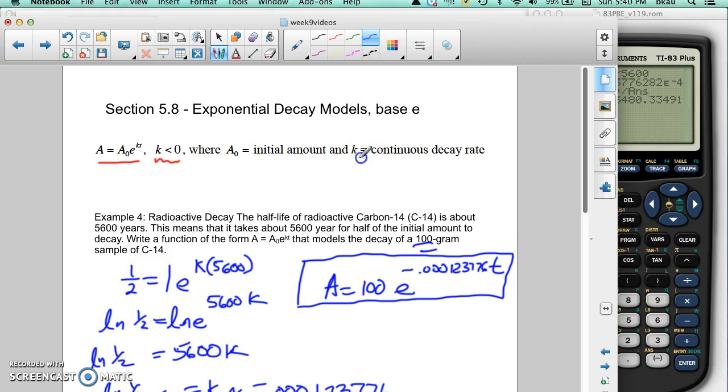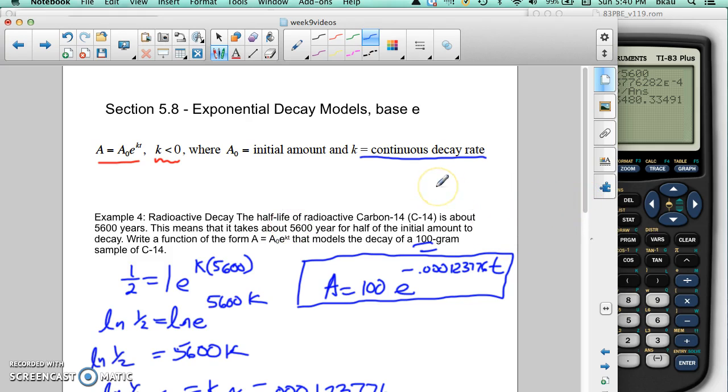As long as we're using a continuous decay rate, we would use this formula. If we have a decay rate that's based upon a time increment, we use the previous example, base B. In this case, we're doing continuous because we want to think about years, minutes, seconds. How long would it take continuously? That's why we're using this formula in these two types of problems.